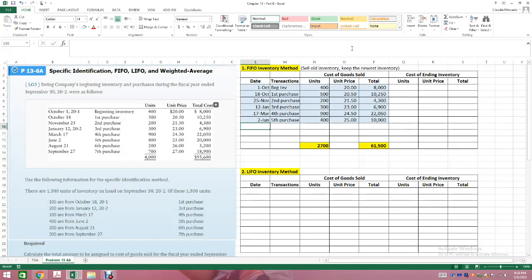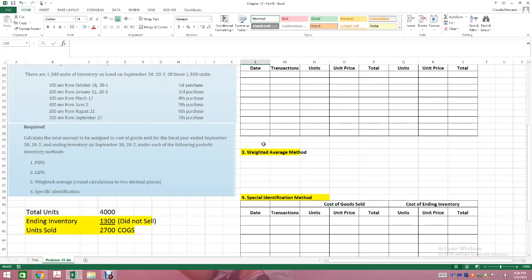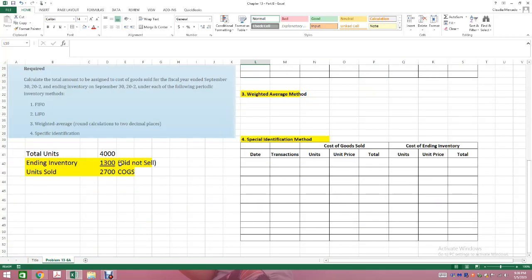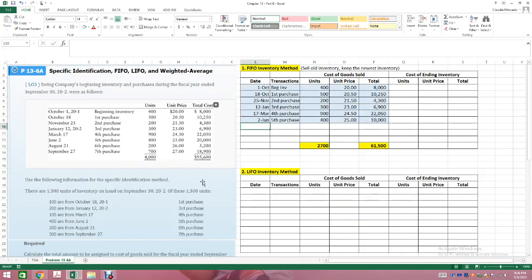What is their cost? So now, for that, we have to get a total of 1,300 units. And remember, we are using FIFO, which is you sell the old, you keep the new. So we're going to keep the newest ones, the ones that you bought last.